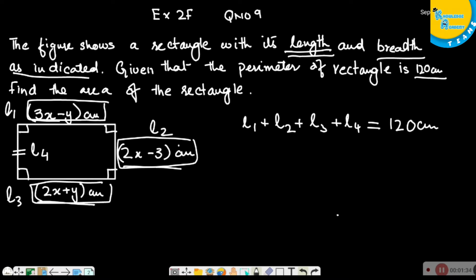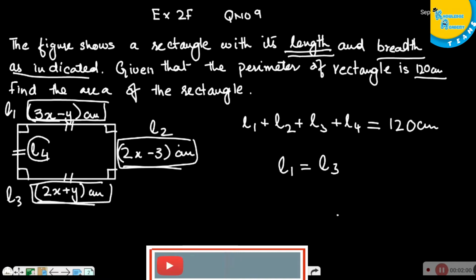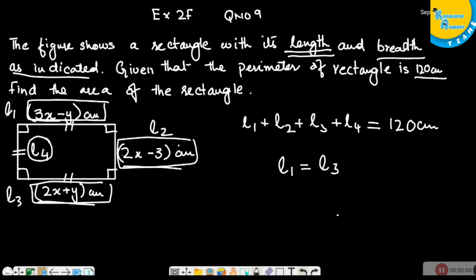We know from the properties of a rectangle that the opposite sides of a rectangle are the same. So we can say that L1 is equal to L3. Now, if L4 is not given, then we are supposing it to be the same as L2.